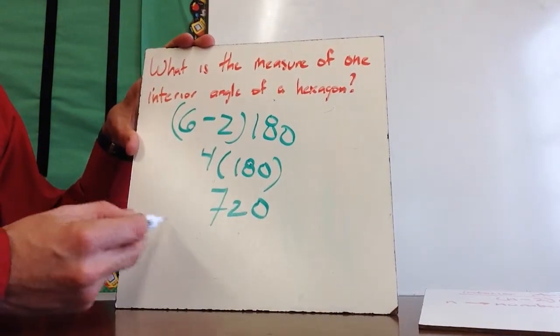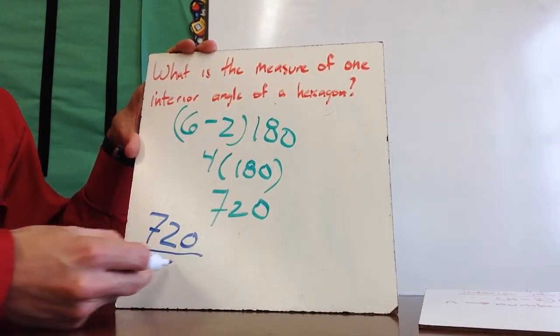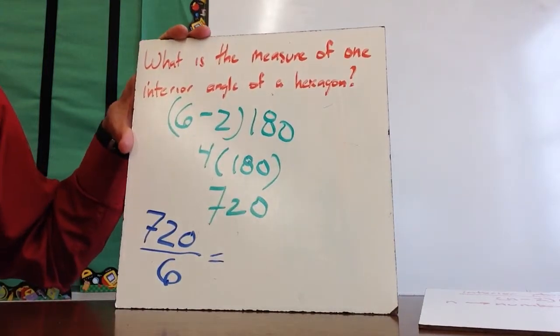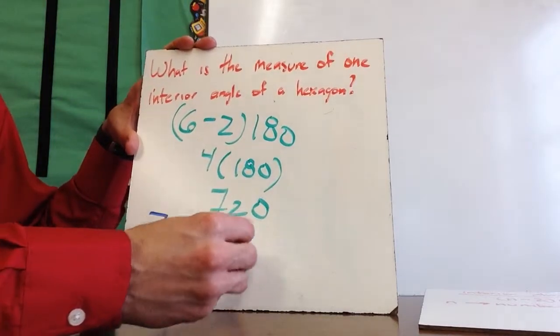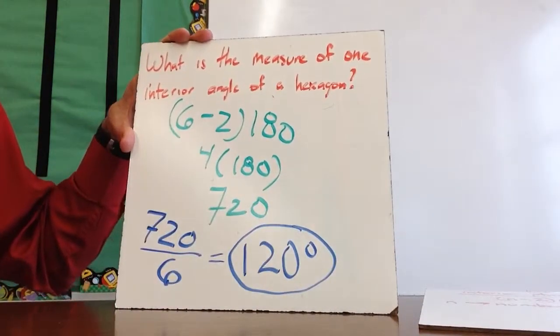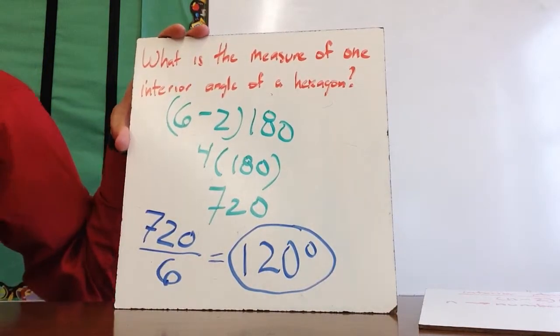So I'm going to say, well, okay, if there's 720 total degrees, and I want to figure out how much one of those angles is, I'm going to take the 720, divide by the 6 angles, and I'm going to end up with 120 degrees. So each angle inside of a regular hexagon would be 120 degrees.